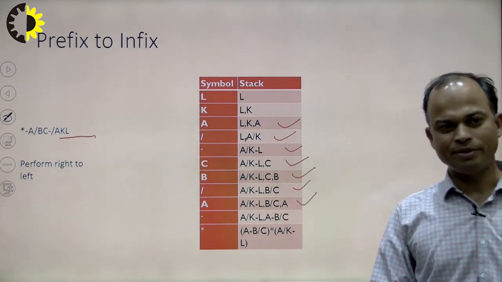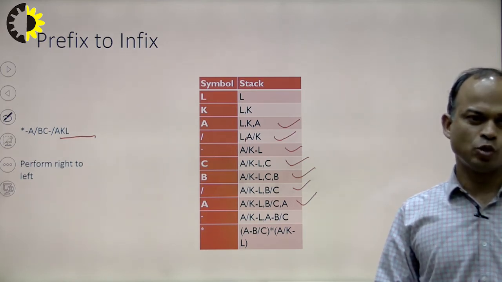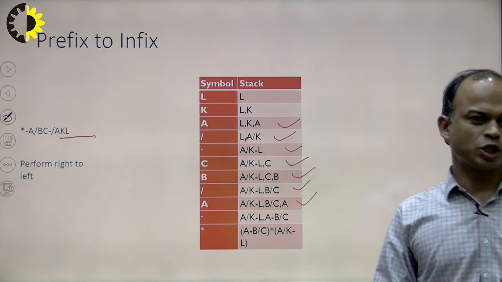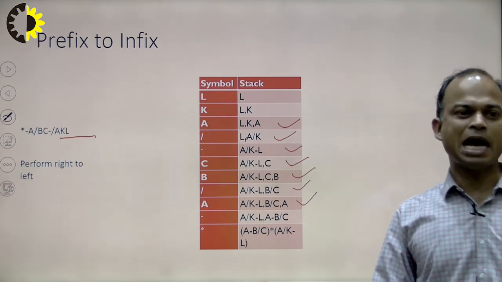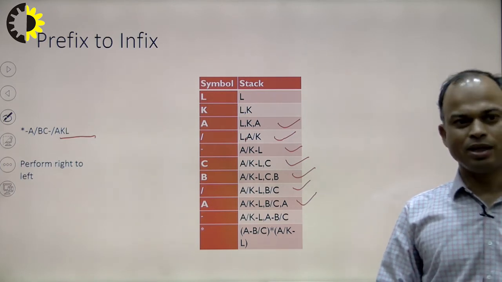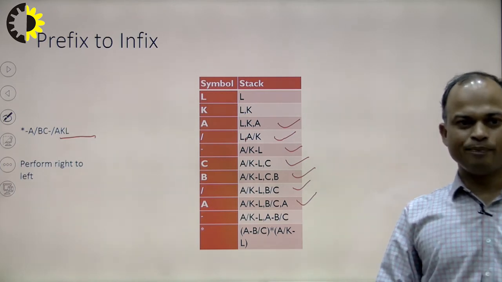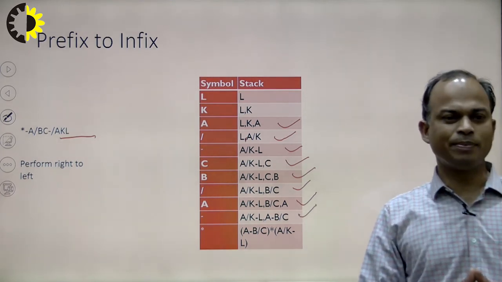After A, the next character is minus, and we perform the minus operator on the last two operands. So the stack has A divided by K minus L, and A minus B divided by C. After it we have the multiply symbol.